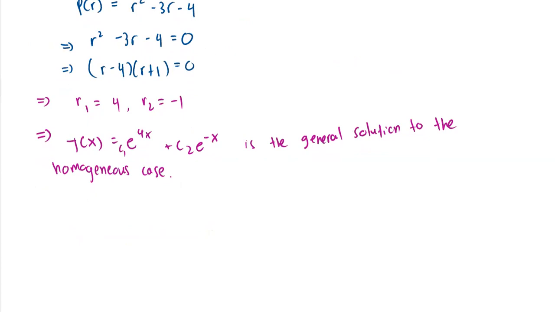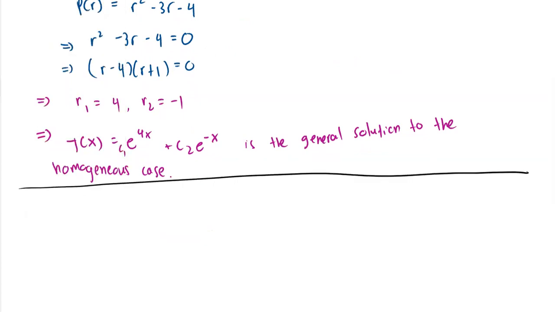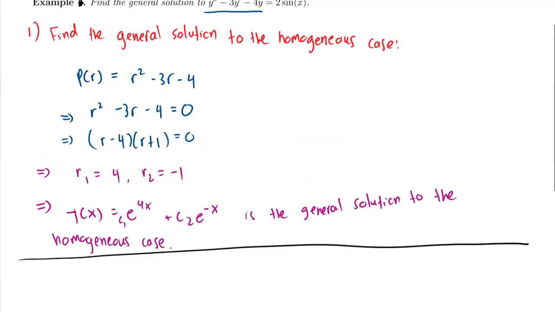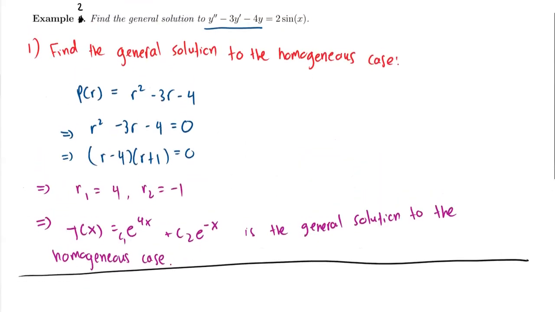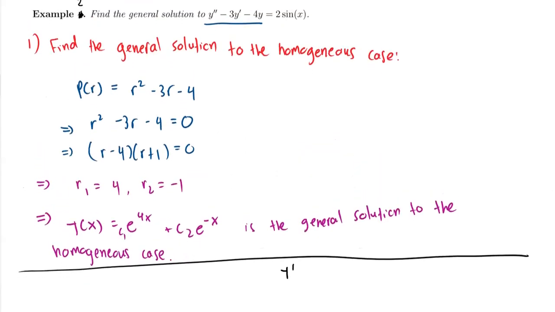So I'm going to separate this. And now we're going to go again to the process of finding a particular solution. Let me rewrite what the ODE is. So it's y double prime minus 3y prime minus 4y equals 2 times sine of x.